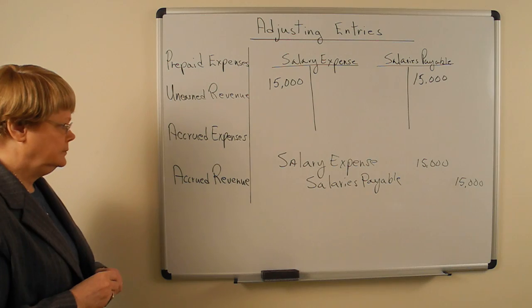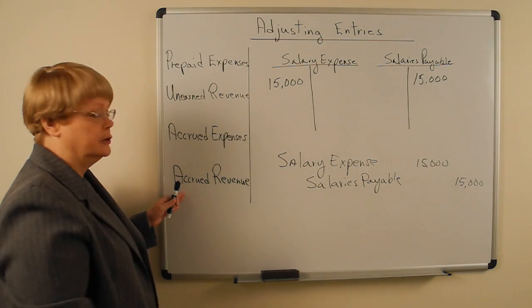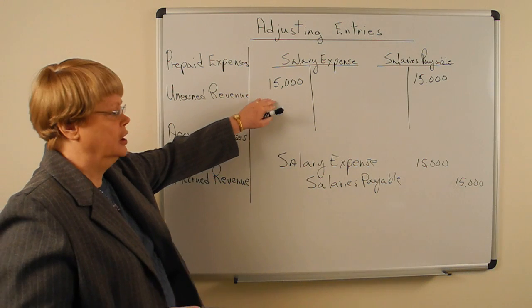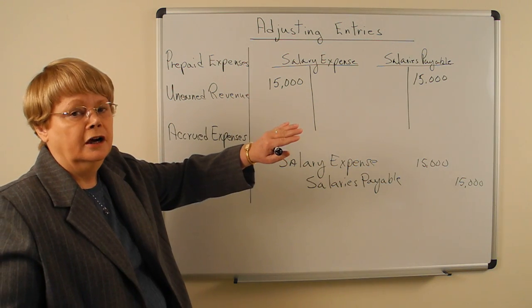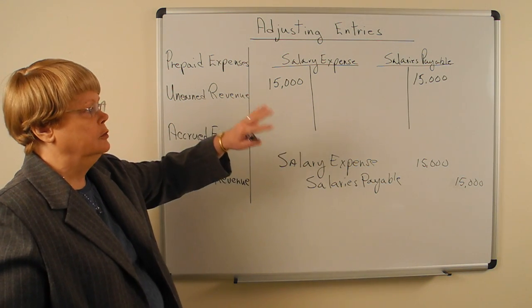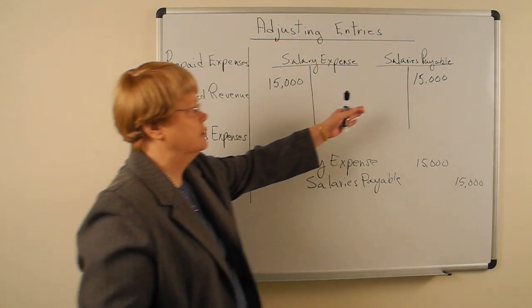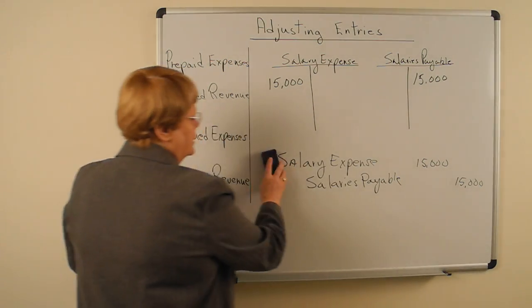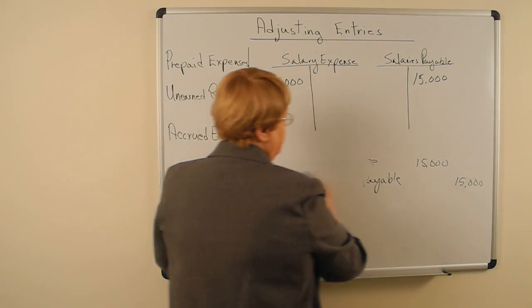Okay? All right. Let's move on to accrued revenue. Now notice here again, the expense comes before the cash is actually paid. Later on, when we pay the cash, we'll debit salaries payable and credit cash. Okay? All right. Let's go on to accrued revenue.